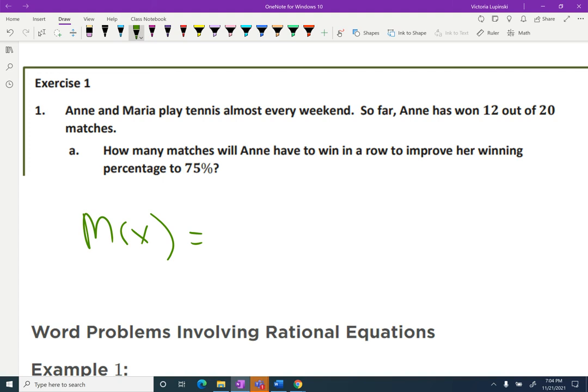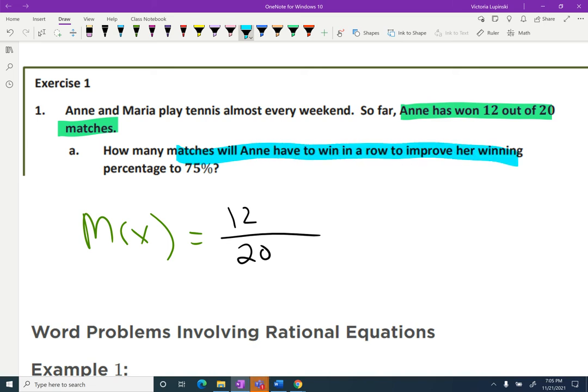If we're talking about the fact that right now Anne has won 12 out of 20 matches, you would assume that that's 12 out of 20. So that's just a regular ratio, no variables. But if you add some variables to it, you can see why it is a rational function. How many matches will she have to win in a row to improve her winning percentage to 75%?